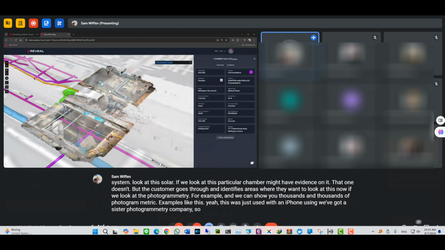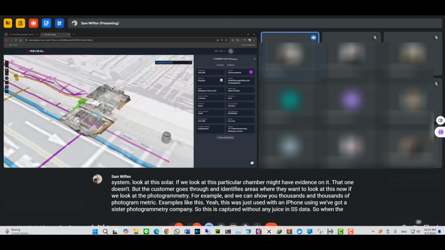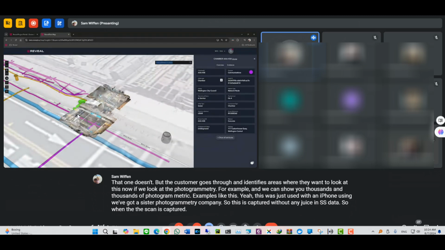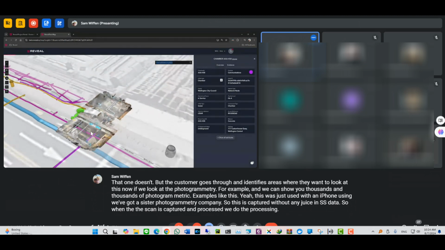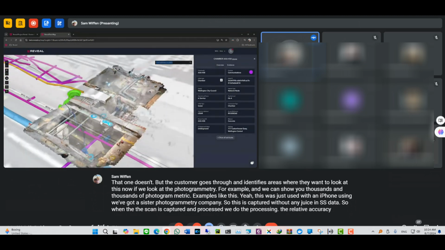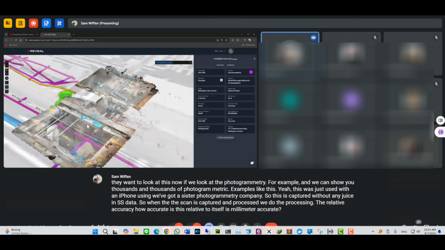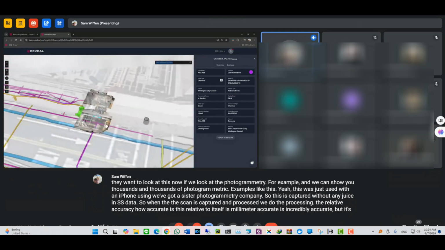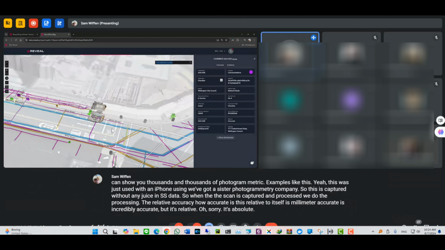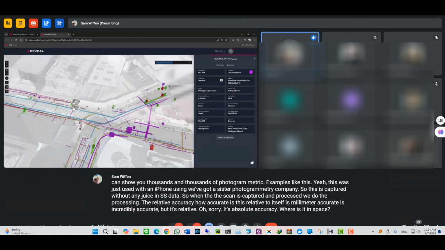So this is captured without any GNSS data. When the scan is captured and processed, we do the processing. The relative accuracy, how accurate this is relative to itself, is millimeter accurate. It's incredibly accurate. But its absolute accuracy, where it is in space, is very, very poor.